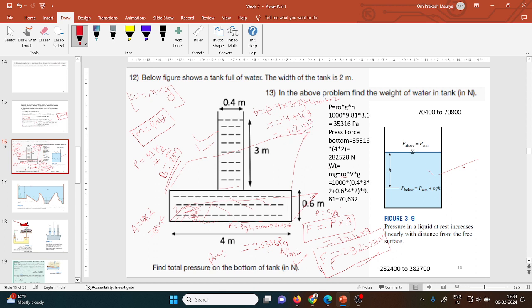The volume of the tank is 7.2 meter cube, and rho you already know, 1000 into 7.2, that is 7200. Here you put m is equal to 7200 into 9.81. You can take 9.81, or for simplicity of calculation you can take 10 also. So 72000 if you take 10. If you take 9.8, your answer will come on the 7.